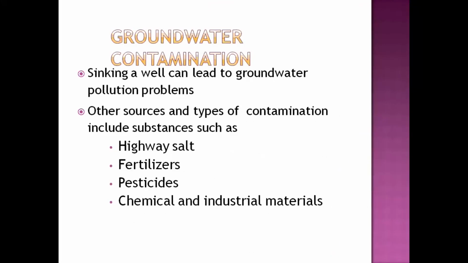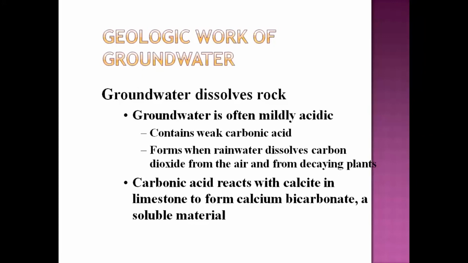There are other contaminants as well: highway salt, fertilizers, pesticides, chemical and industrial materials that we use on our soil to protect our crops and other things. Ultimately, all these chemicals go into the soil and move down into the groundwater, and as a result we have the problem of groundwater contamination.